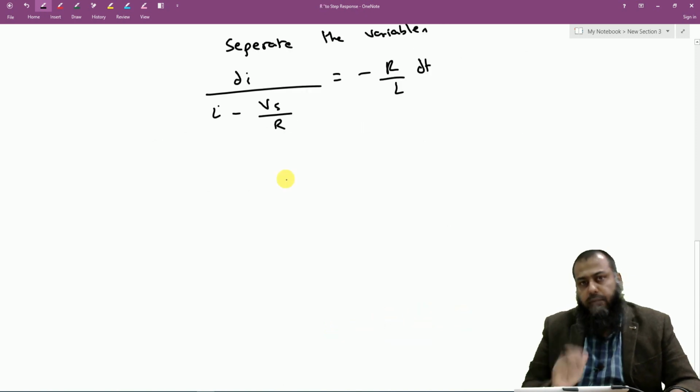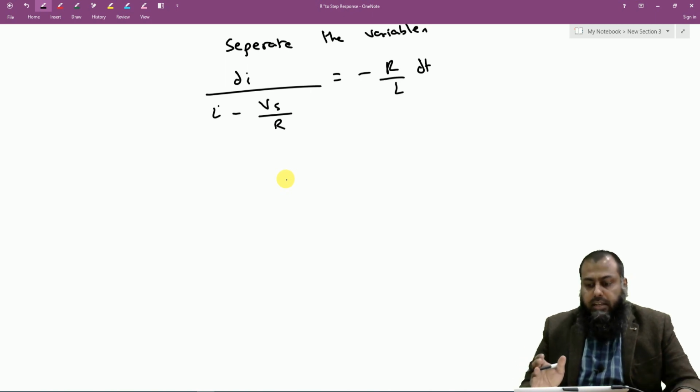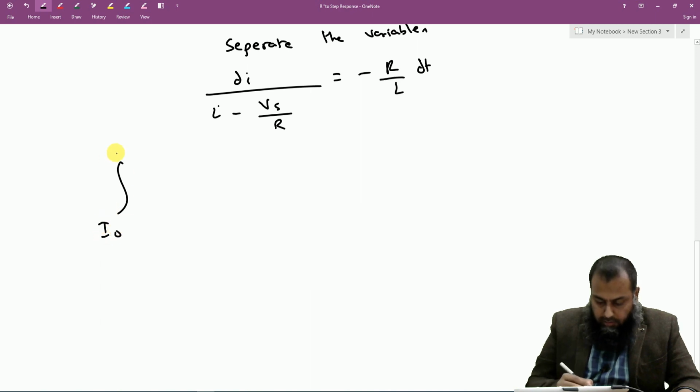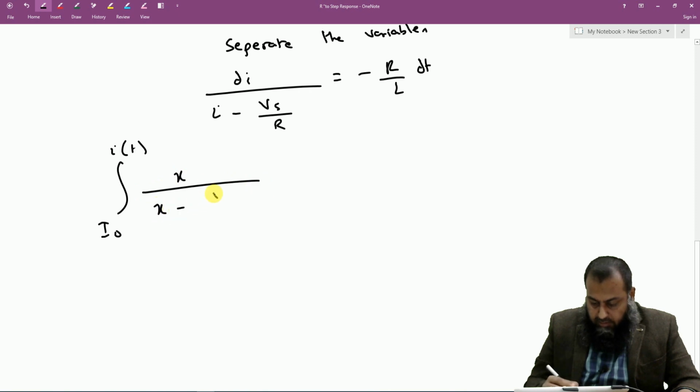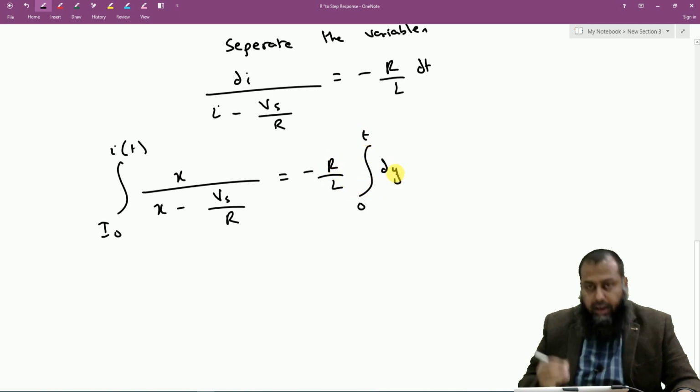Now we need to integrate both sides, and we can use separate variables for the integration. Let us say we have x and y as the variables of integration. The integral from I naught to i(t) of dx divided by (x minus Vs over R) is equal to minus R over L times the integral from 0 to t of dy.